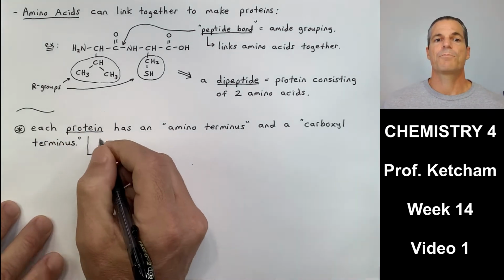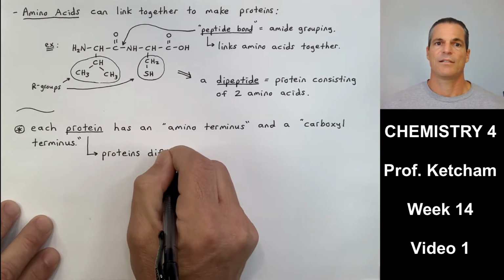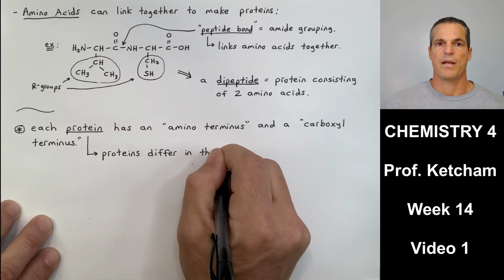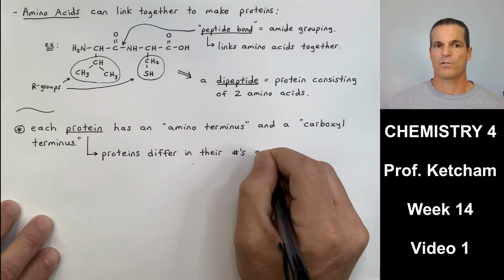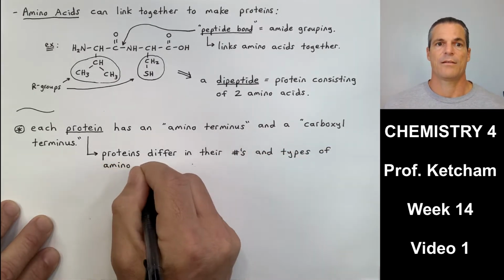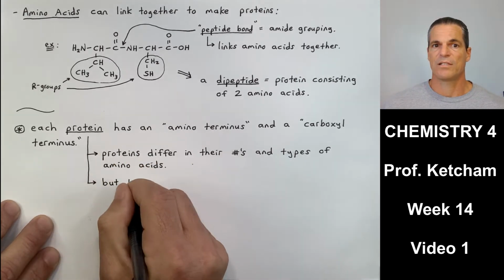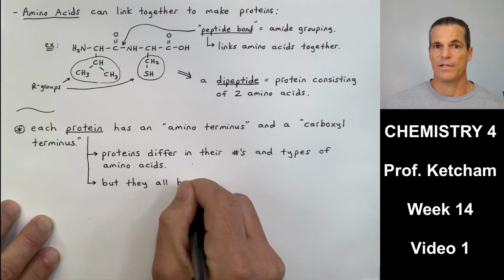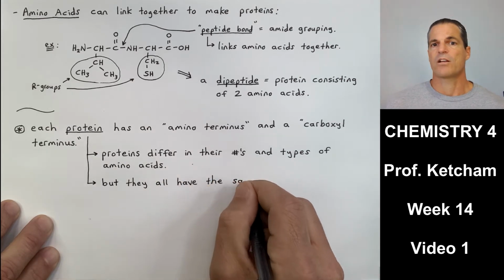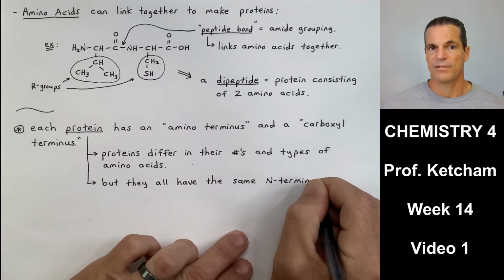Now, each protein has what's known as an amino terminus, something that's nitrogen related, right? And a carboxyl terminus, something that's C double bond O related. Now, the way I draw them, I always make the amino terminus or the N-Terminus on the left, and my carboxyl terminus or my C-Terminus on the right.